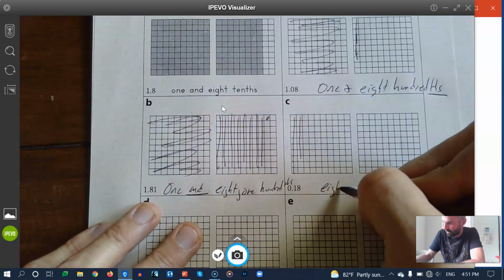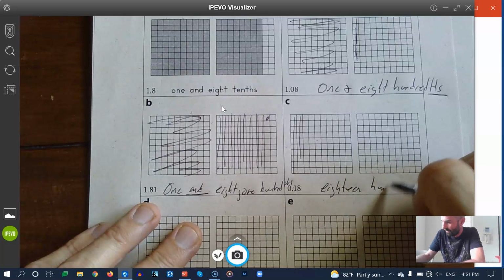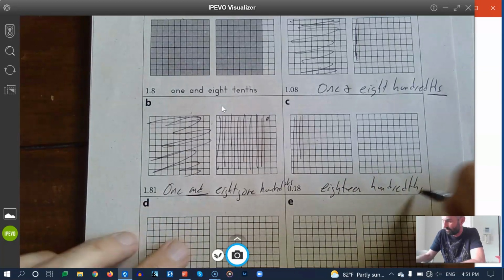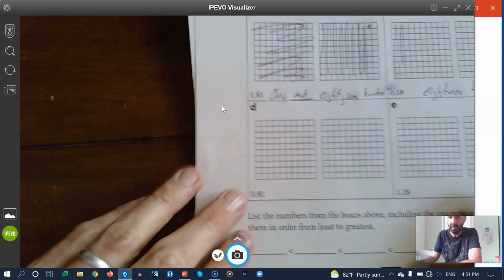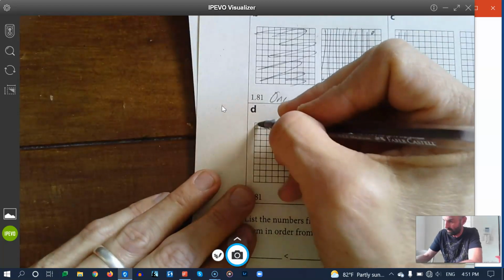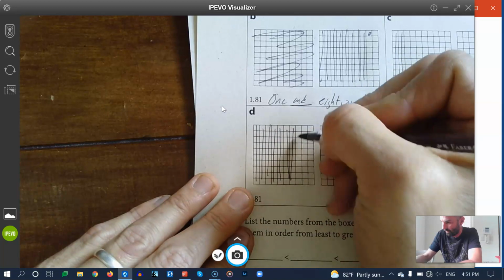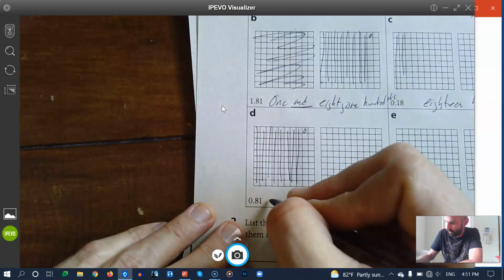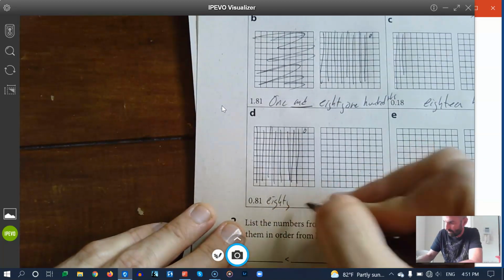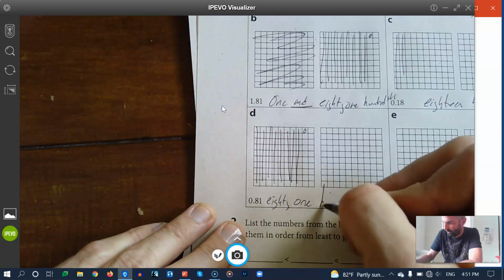So this is 18 hundredths. D, we have 81 hundredths, so that's 10, 20, 30, 40, 50, 60, 80, and 1, 81 hundredths.